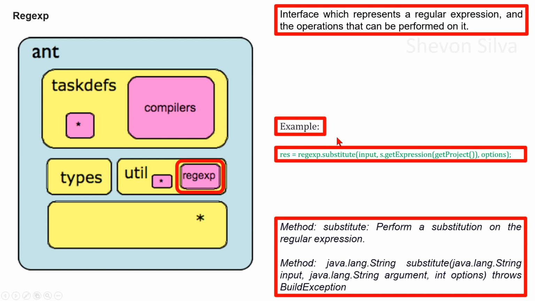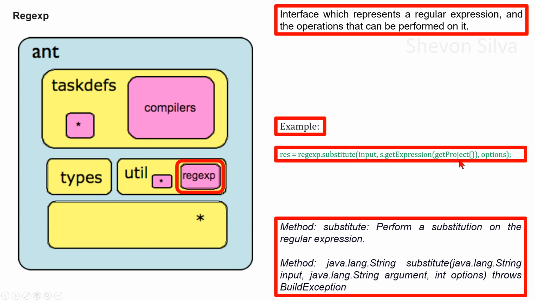As an example, we can consider this one. Here the substitute method performs a substitution on the regular expression. Here the input is the string to substitute on.